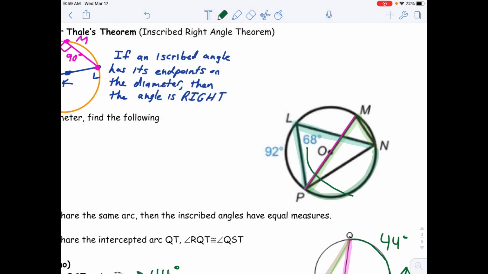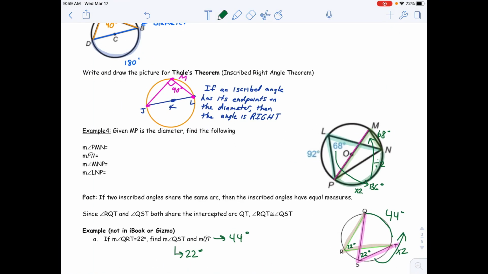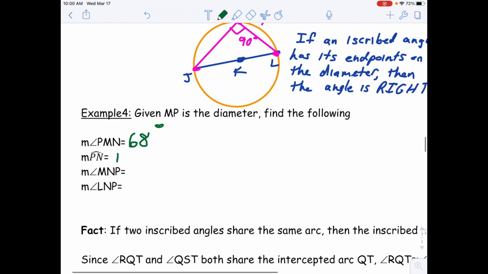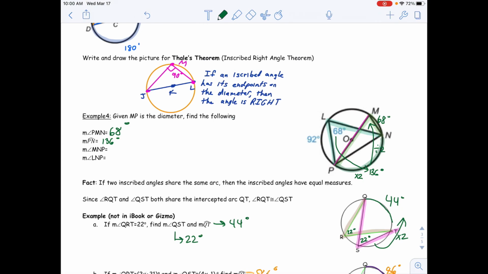So to go from here to find this, I'm just going to multiply 68 by 2, and it's 136 degrees. Which means to find that angle, all I've got to do is divide by 2, or I could identify that it's just the same number. It's 68 degrees, and I really just found the measure of arc PN because of that as well. So cool. Knocked out two things.